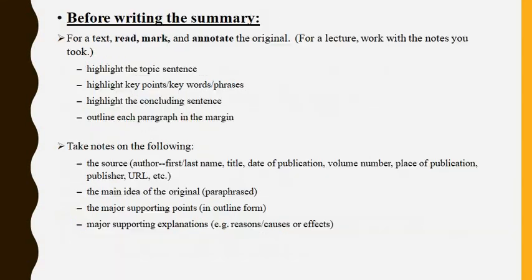And before writing the summary, you need to highlight the subtopic sentences or key points, the concluding sentence, the paragraphs in the main idea, the sources, the main idea of the original text, and the major supporting points and explanations. These are the things you need to do before writing the summary, not while writing it, so that you can make all things clear.